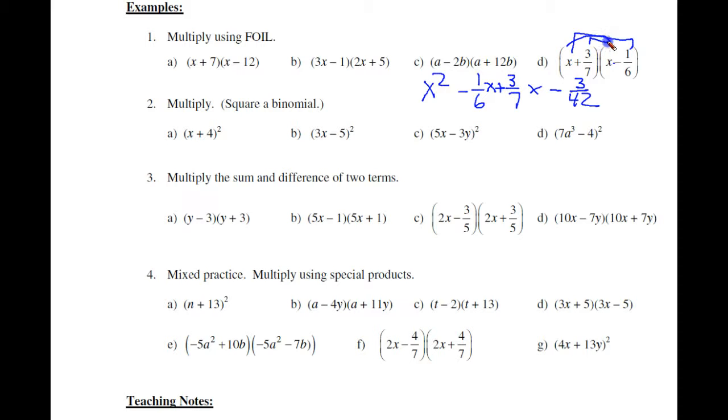Our inners give us a positive 3/7x. And then our last gives us a negative, nothing will cancel. Oh, wait a minute, something will cancel here.